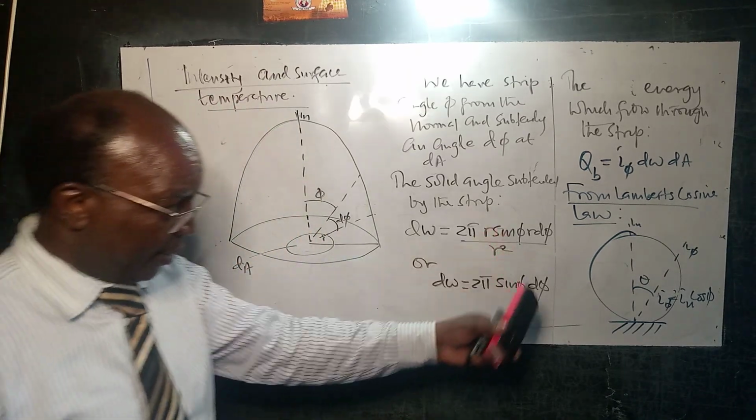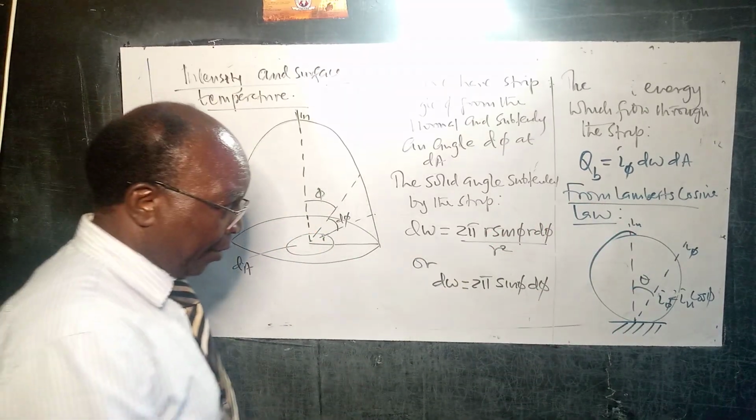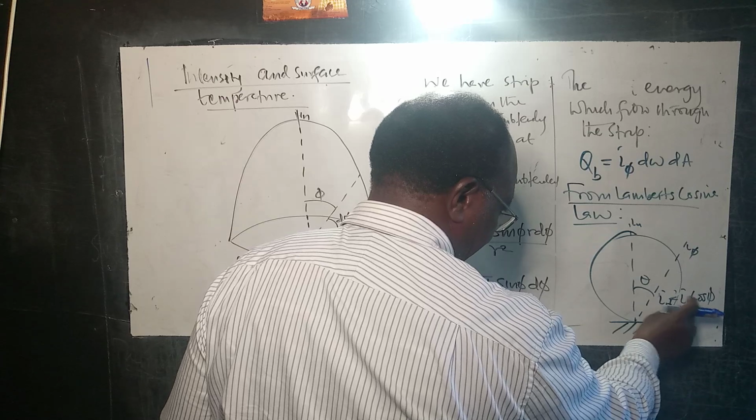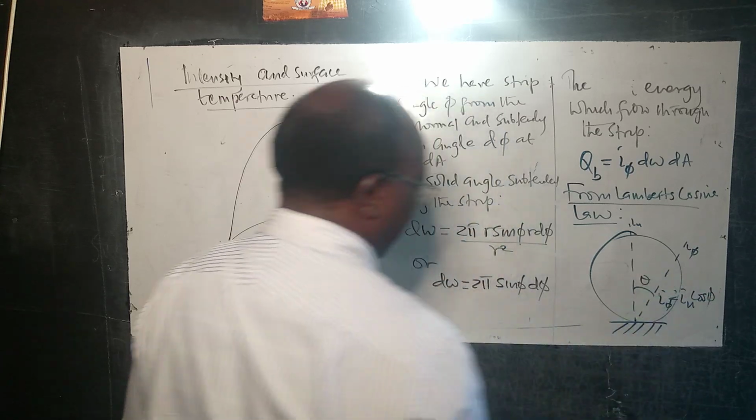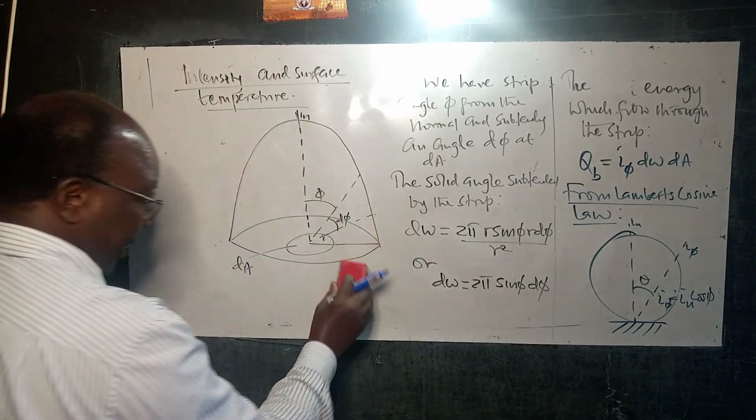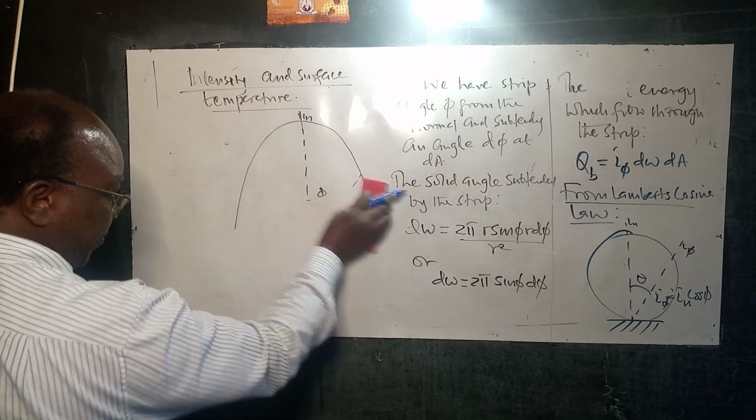That's from Lambert's law, and it's in polar coordinates. We know that I phi is given by In cosine of phi. So we can apply that there.